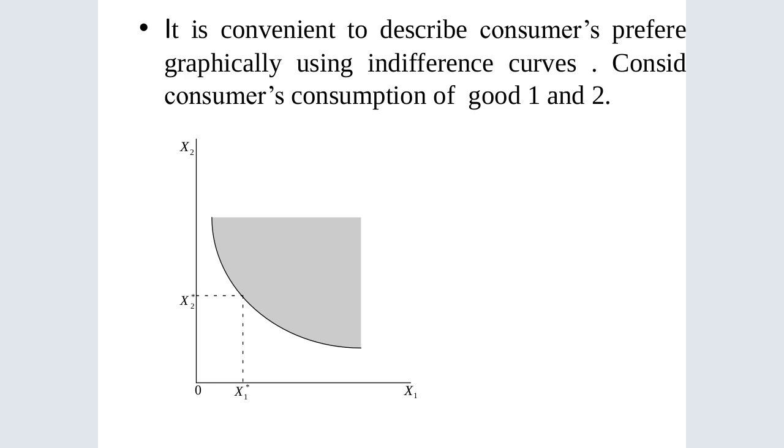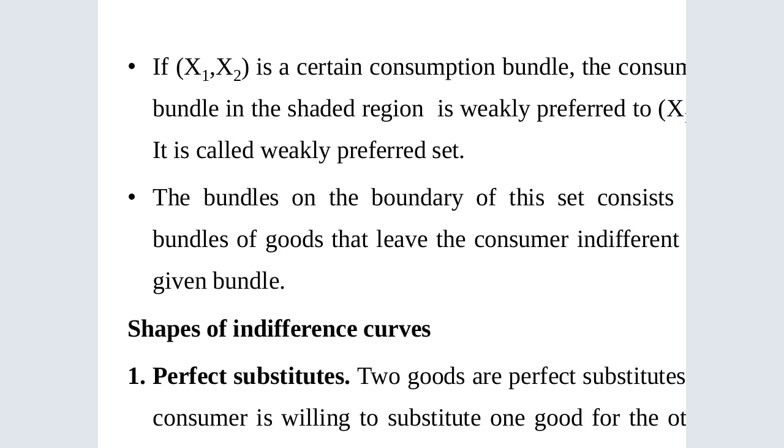Therefore, the consumer can only spend along the curve or below the curve. I cannot spend on the shaded region because the bundles that lie in the shaded region require more in terms of what? Income. And therefore, the consumer may not prefer that because the income is limited.